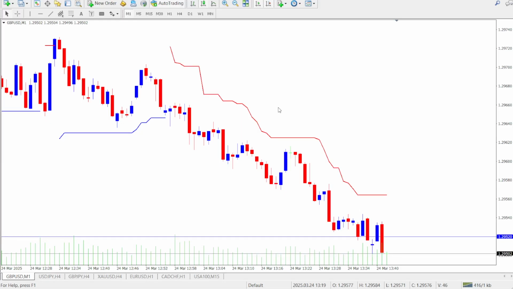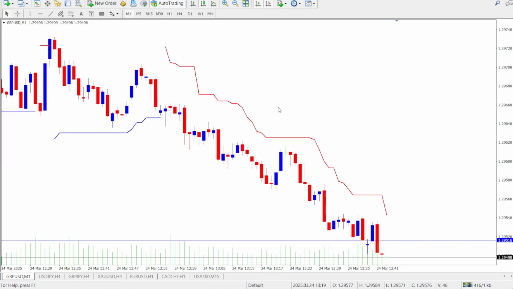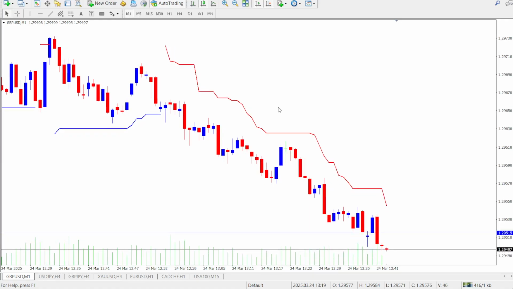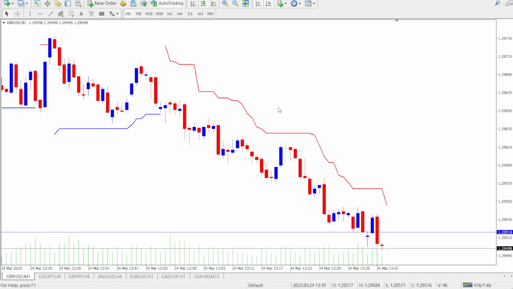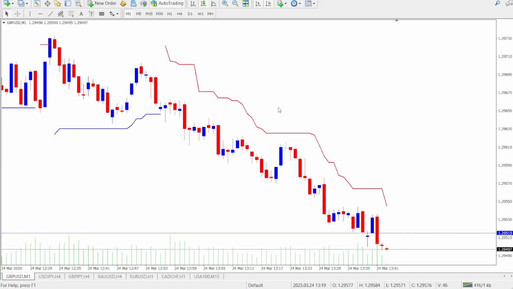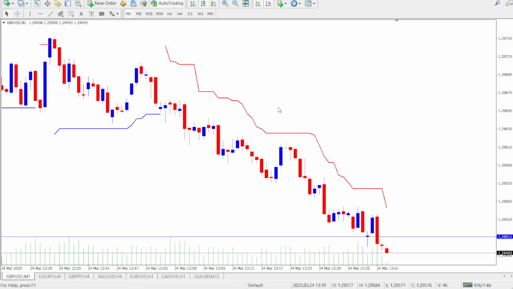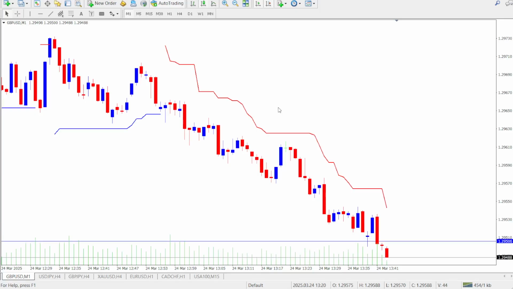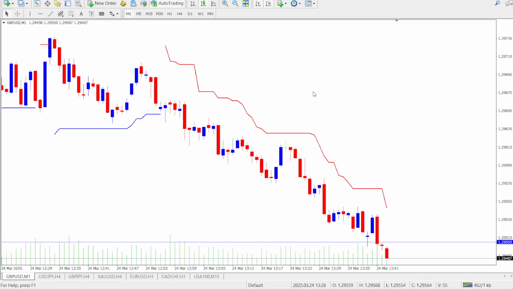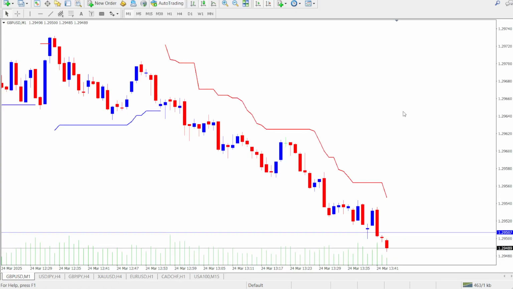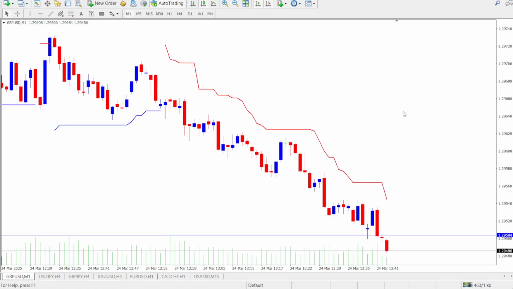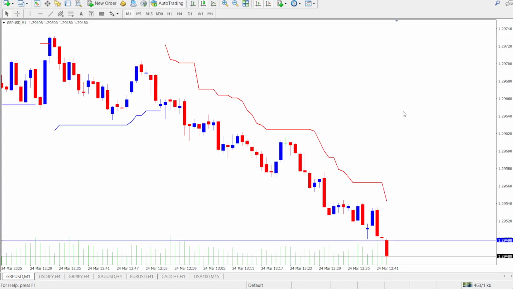Okay, let's just quickly break down what the ATR stop loss indicator is. This indicator is built around the average true range, as the name implies, right? So it is built around the ATR indicator, which measures market volatility. So instead of using a fixed stop loss, this indicator adjusts your stop levels based on how volatile the market is.